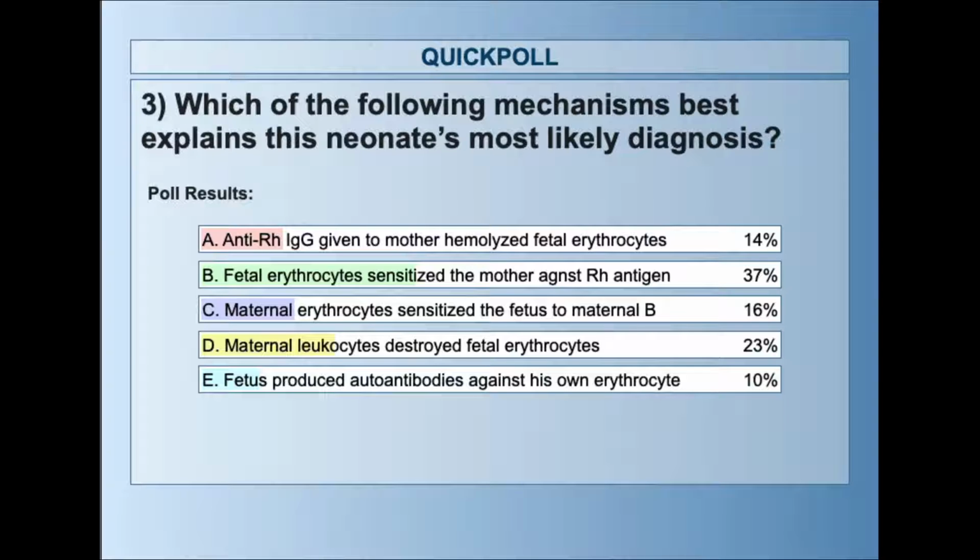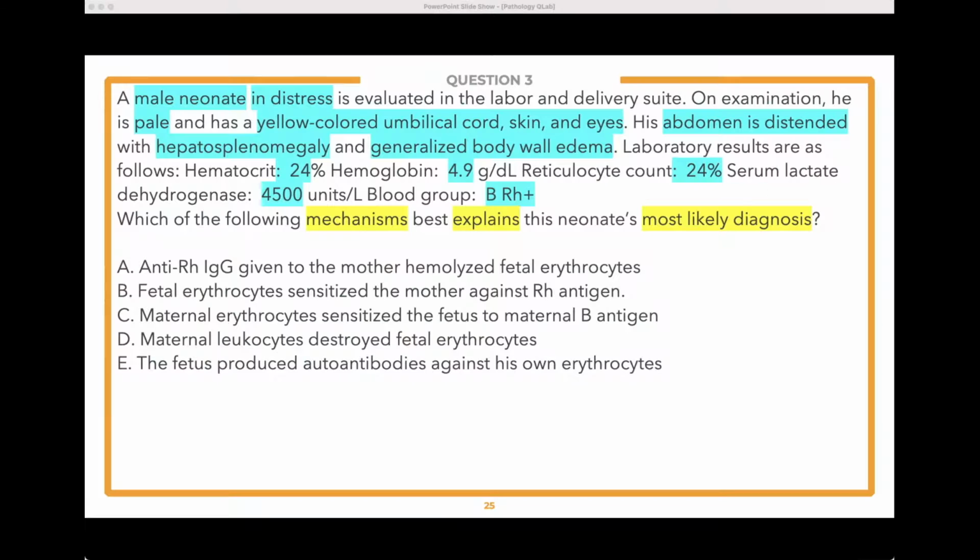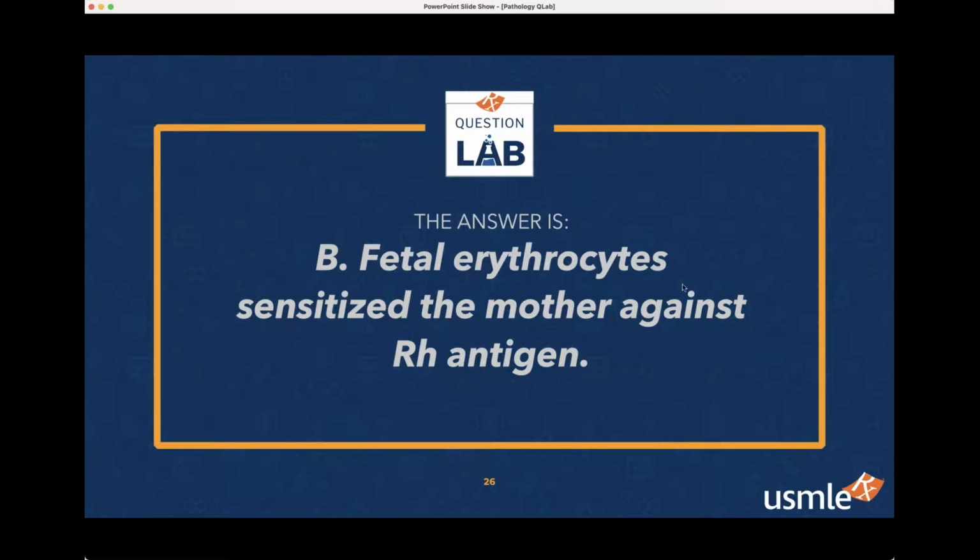So let us hide the results and see what the answer is. And the answer is answer choice B: fetal erythrocytes sensitize the mother against Rh antigen. You guys did it again. You picked the right answer. If you didn't get it right, that's okay. Pars is going to lead you to the right understanding. Pars?